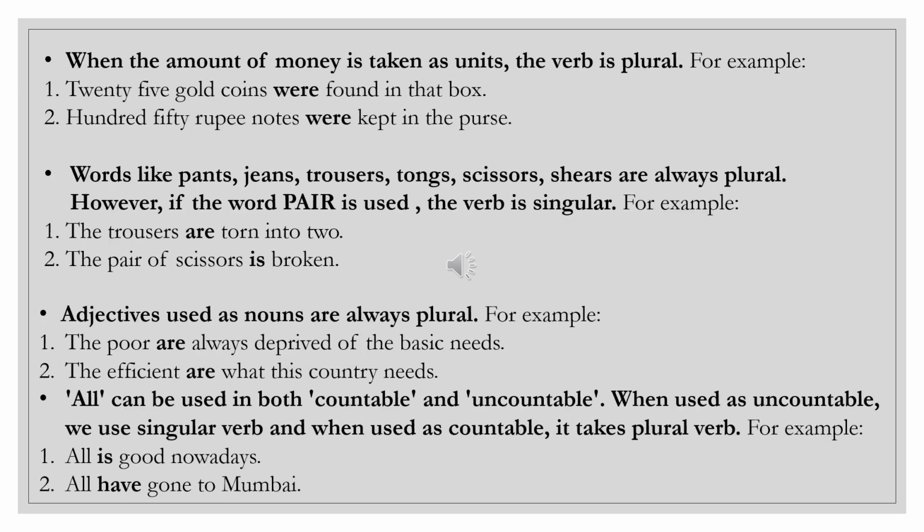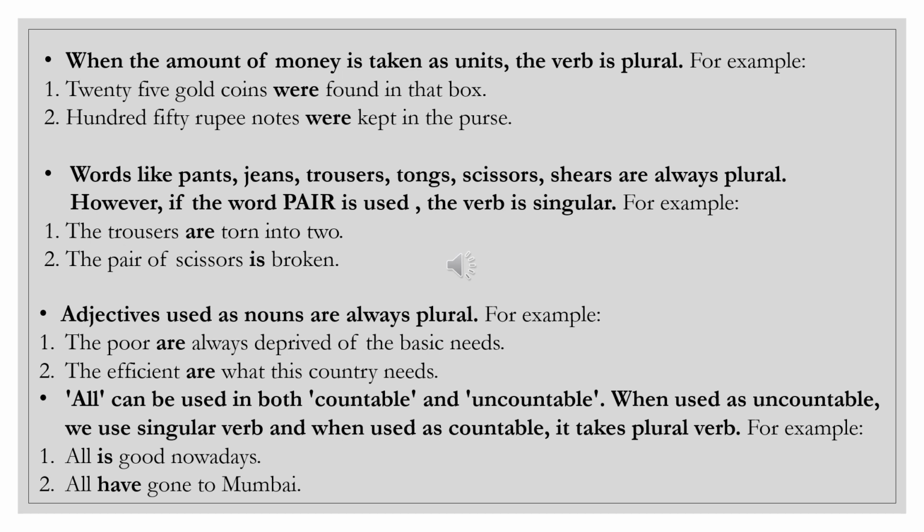Now, moving on. When the amount of money is taken as units, the verb is plural. Right, in the previous rule, I said that $1 million here is considered as a singular stack of money. Now, when I take out that stack, like I remove each note from that stack and count each note individually, then we have to use a plural verb.